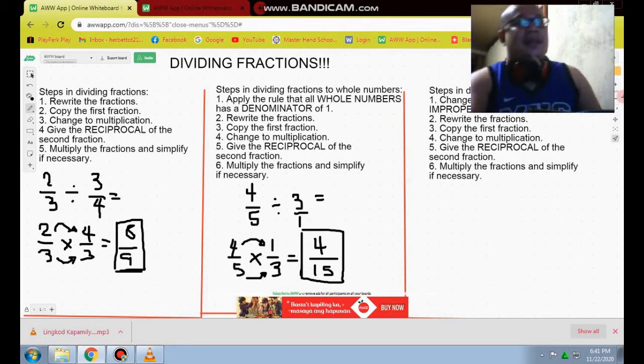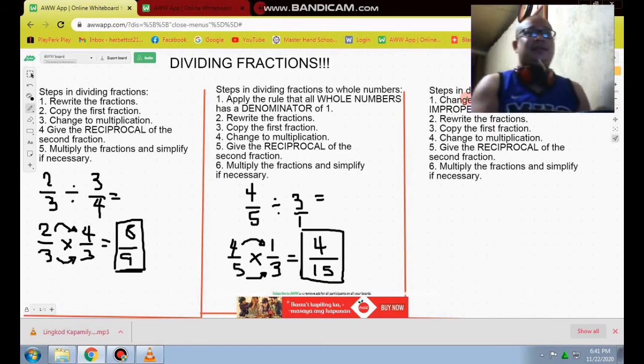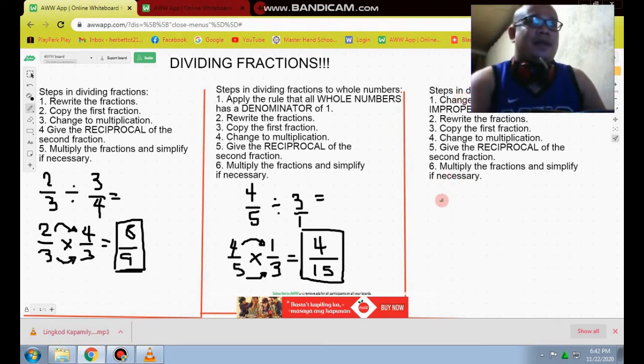Okay? Dito naman tayo, no, steps in dividing mixed numbers naman. So kung for example nag-divide ka and the given has a mixed number, or both are mixed numbers. Okay, for example, if I have 4 and 1/2 divided by 2 and 1/3.